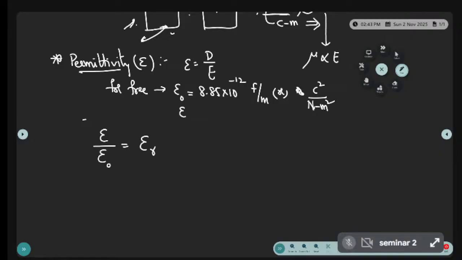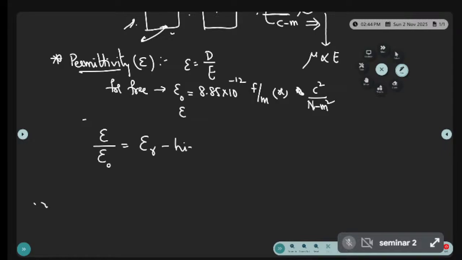What about the unit of epsilon r? Any units will be there? No. Why? Because it is a ratio between permittivity and permittivity. Any units for ratios? No. It will have some value.